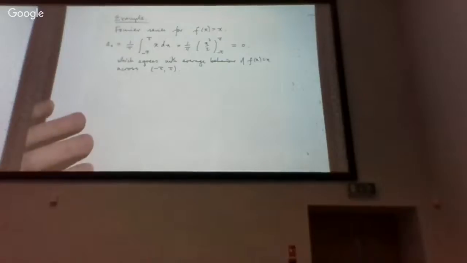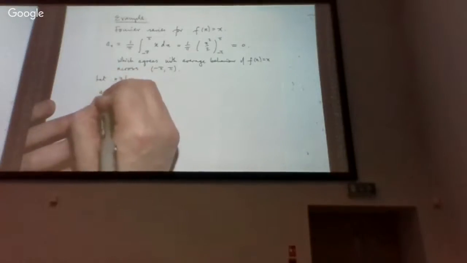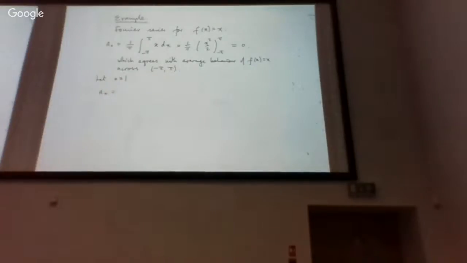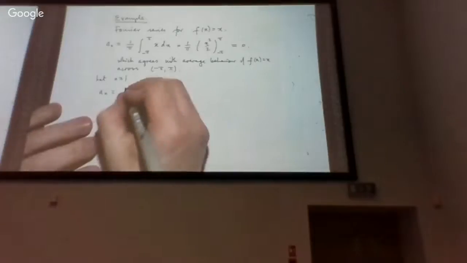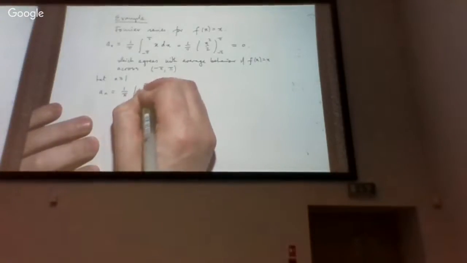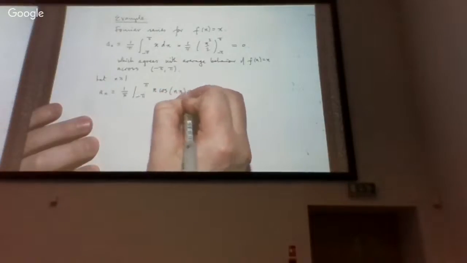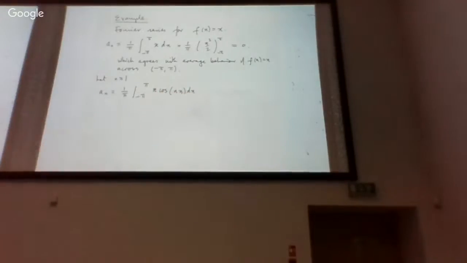Now we go for the a_n's. So by the coefficient formula, this is the integral from minus pi to pi of x times the cosine function cos(nx) dx. Now, how do you integrate x times a cosine function?